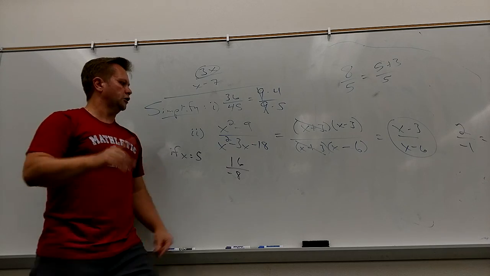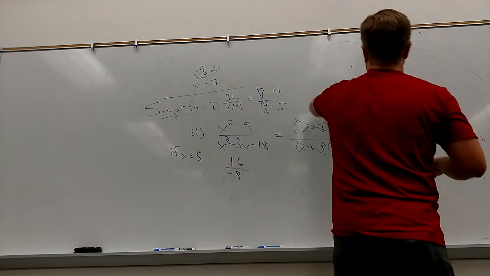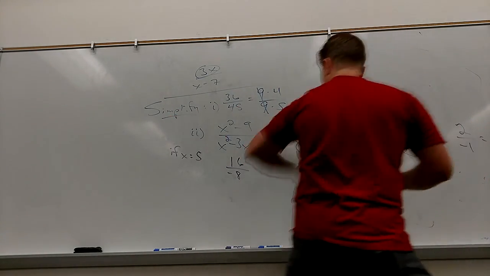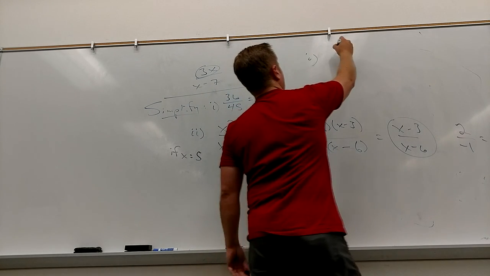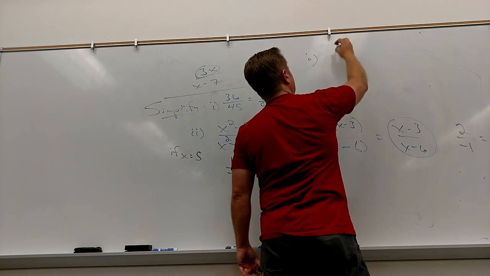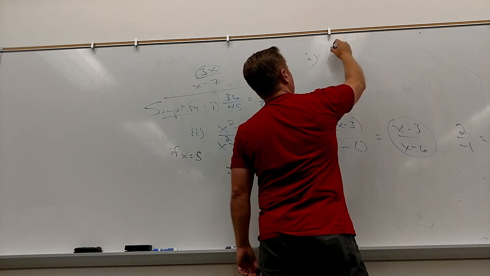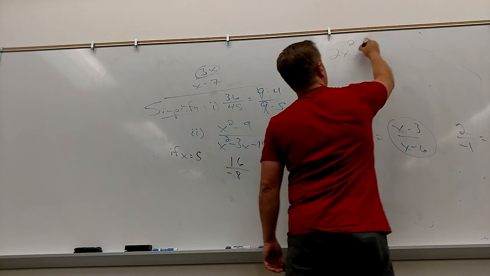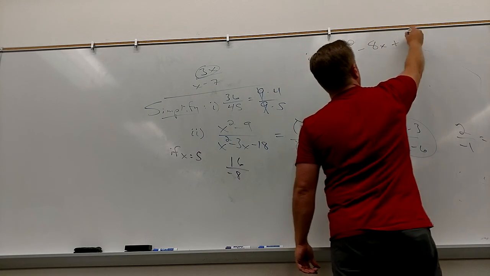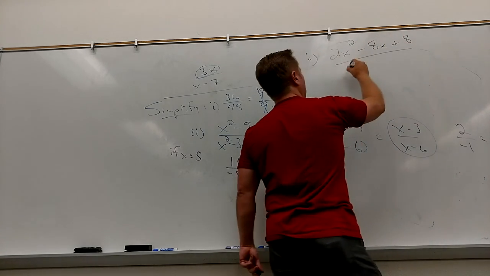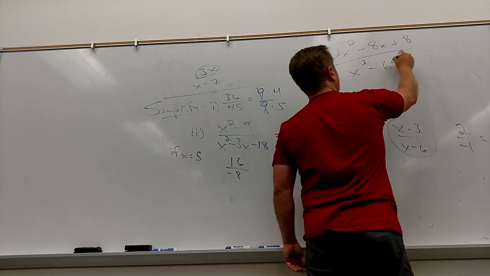Right? So here, you guys try. Let me give you one to try here. You guys simplify this. Let's see. What you got, Jeff? I don't know, man. Oh, yeah.